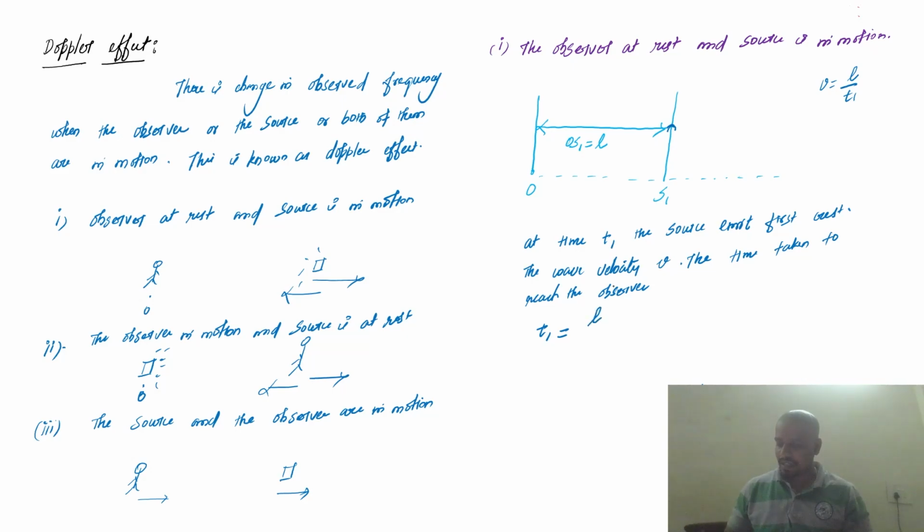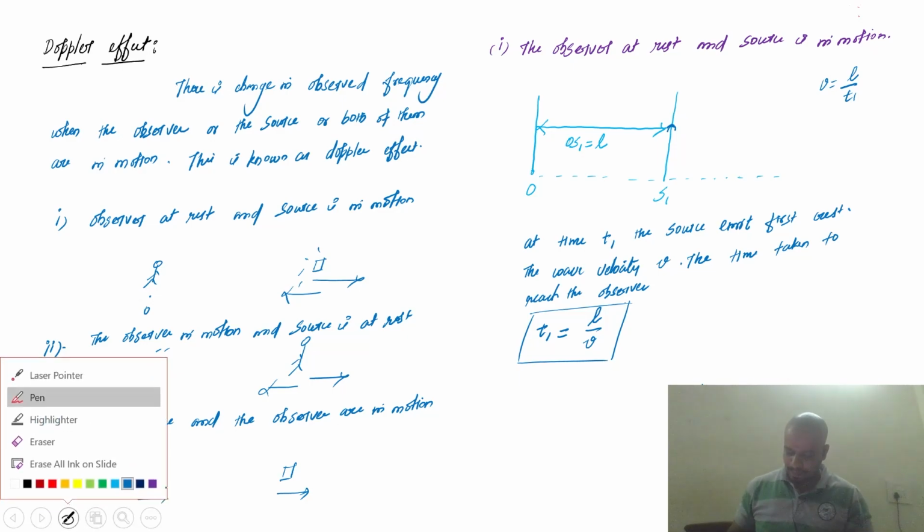The distance L that the first crest needs to travel, divided by the velocity of the sound wave. So at time t1, it will take time L by v to reach the observer, because the observer is at rest. After the first crest, let us assume the source is moving along this direction.